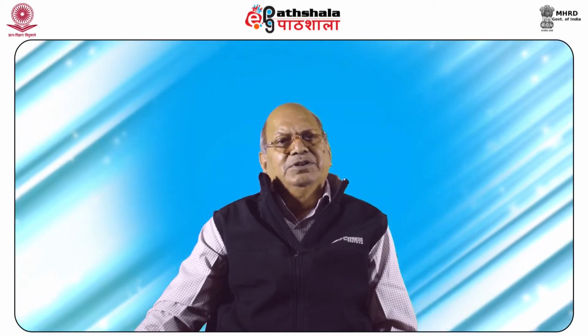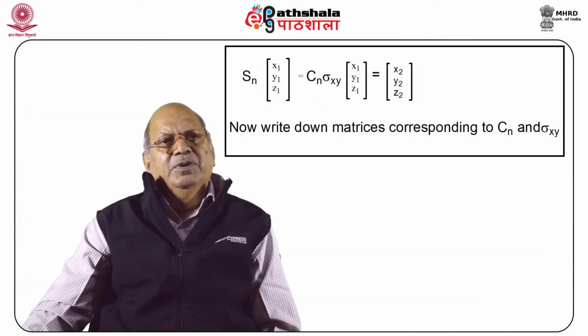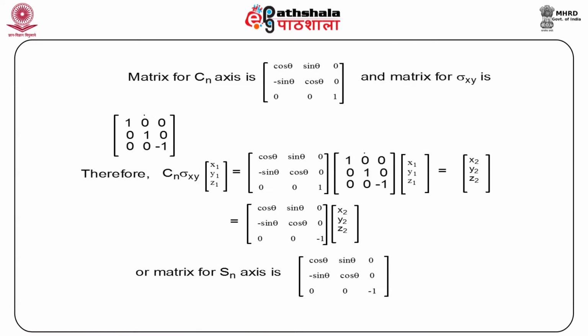This effect can be represented as Sn operated on x1, y1, z1 equal to Cn followed by sigma xy operated on x1, y1, z1 to get x2, y2, z2. Now we write down the matrices corresponding to the Cn axis and sigma xy. Cn is given as cos theta sin theta 0, minus sin theta cos theta 0, 0 0 1, and the matrix corresponding to sigma xy is 1 0 0, 0 1 0, 0 0 minus 1.